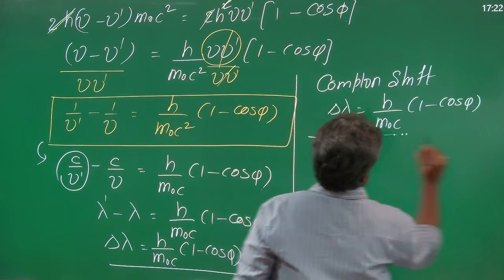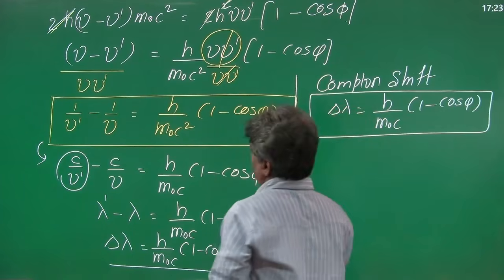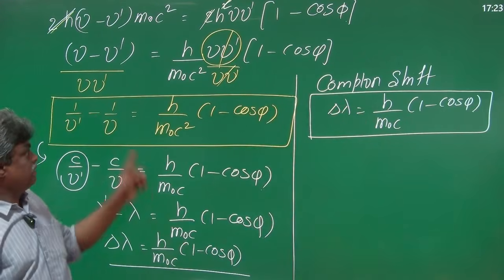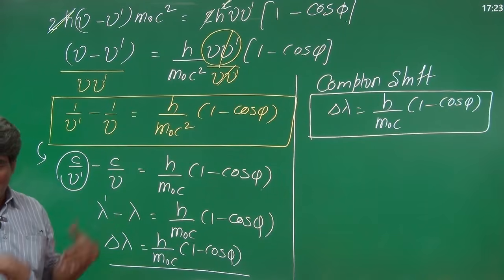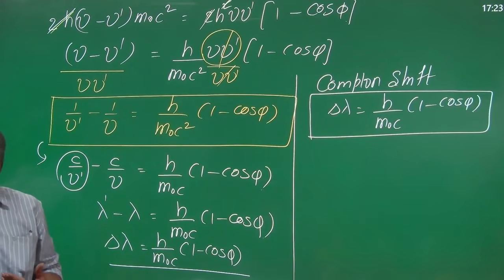I told you, my online students also, please keep a rough paper with you. I said you must remember this for further derivations, and that Compton shift. After writing this, write the formulas 5 times, 3 times, 4 times. Don't copy. This is not at all difficult.